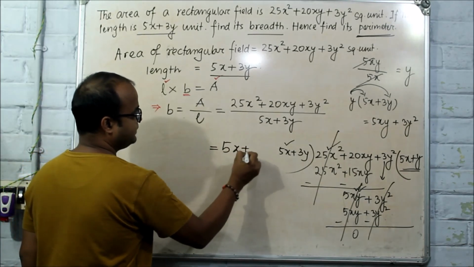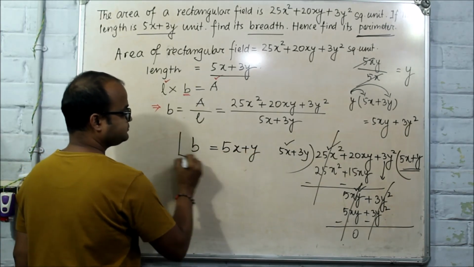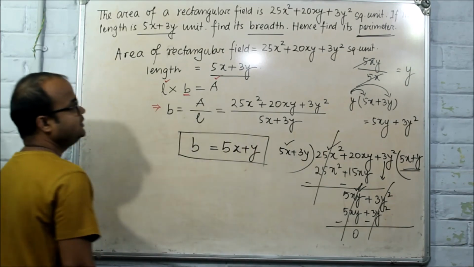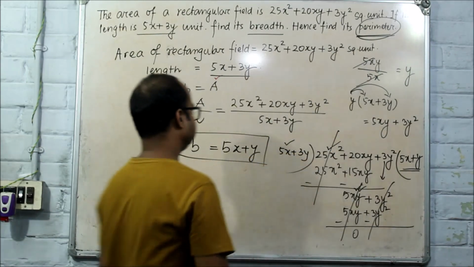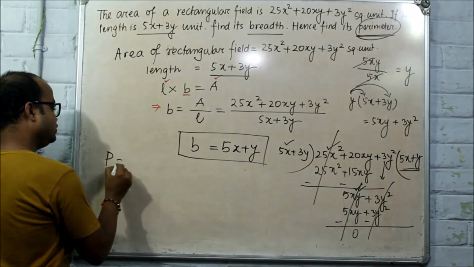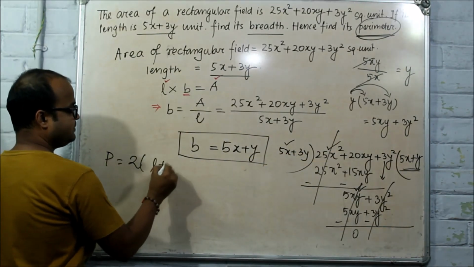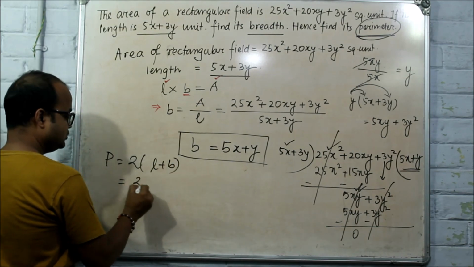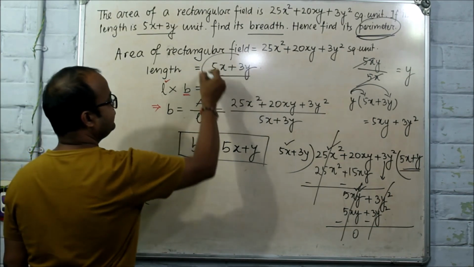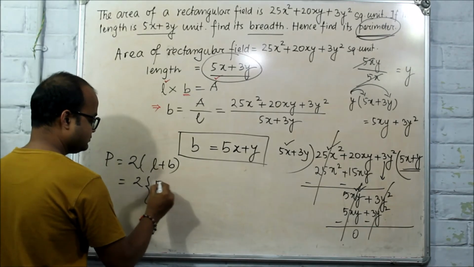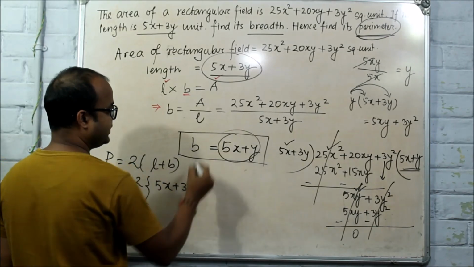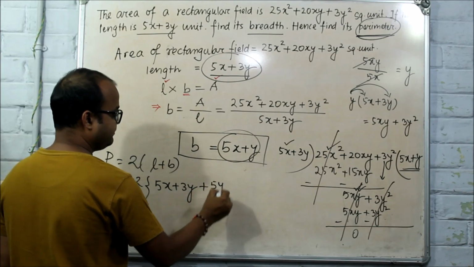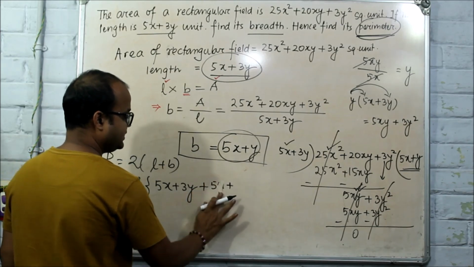So that means breadth is equal to 5x plus y. Now we need to find out the perimeter. So perimeter is equal to 2 into length plus breadth. So in place of length we substitute 5x plus 3y, and in place of breadth we substitute 5x plus y.